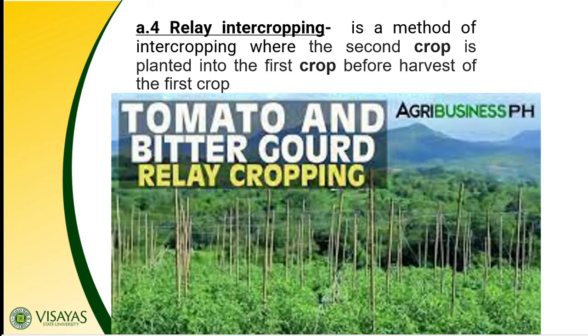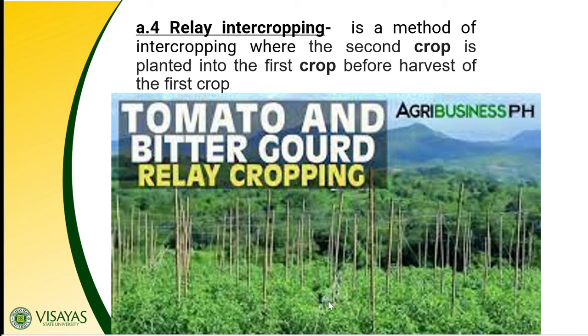The fourth one is relay intercropping, which is a method of intercropping where the second crop is planted into the first crop before harvest of the first crop. We have here a sample: tomato and bitter gourd relay cropping.